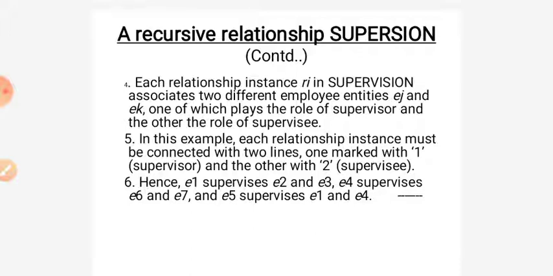Point number 5. In this example, each relationship instance must be connected with two lines, one marked 1, that is supervisor, and the other with 2, that is supervisee. And there, point number 6, hence in the figure you can see, employee E1 supervises E2 and E3, E4 supervises E6 and E7, and E5 supervises E1 and E4.